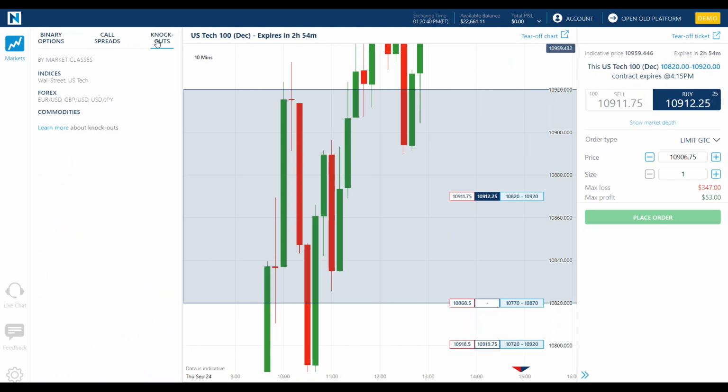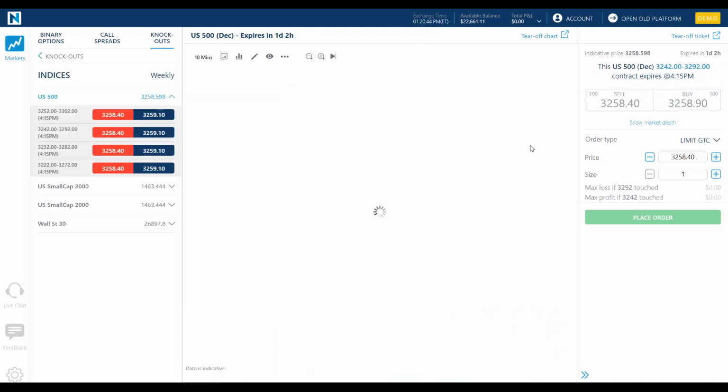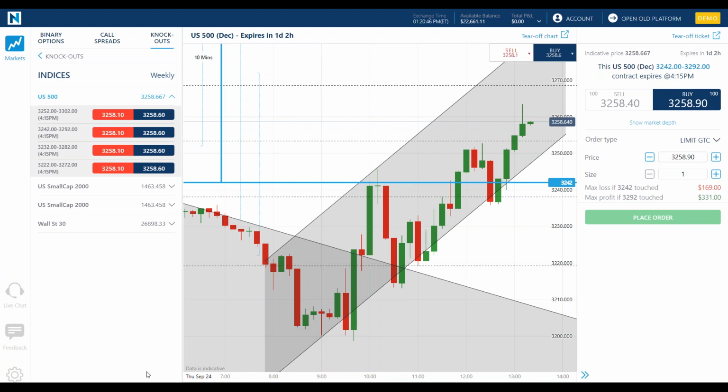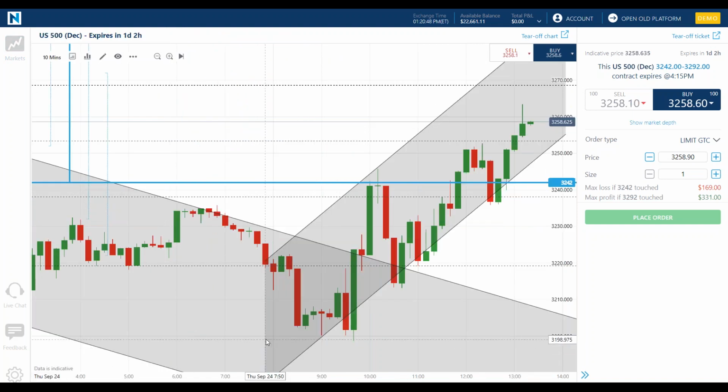Whereas a knockout is what you see is what you get. And that is the difference between knockouts and call spreads. Similar in nature, but call spreads give you more time to be right, but there's a premium involved. Knockouts: no premium, Delta One, you get knocked out.